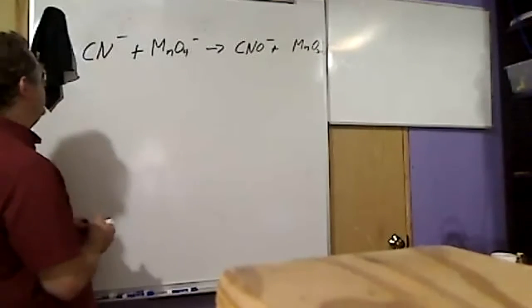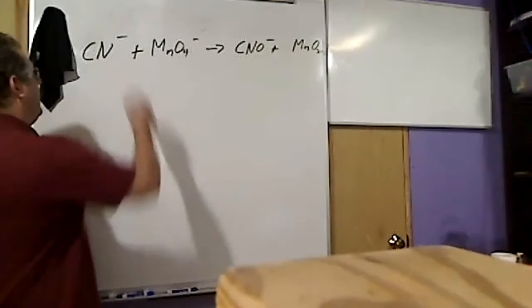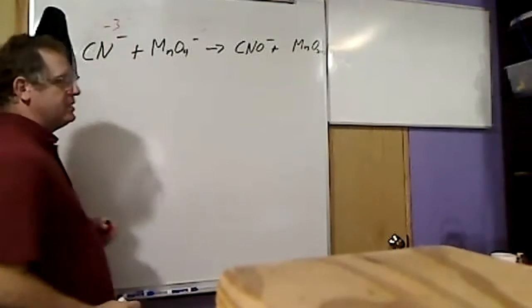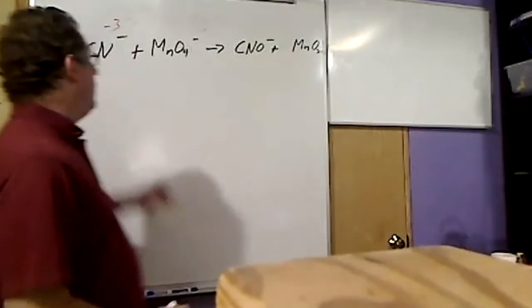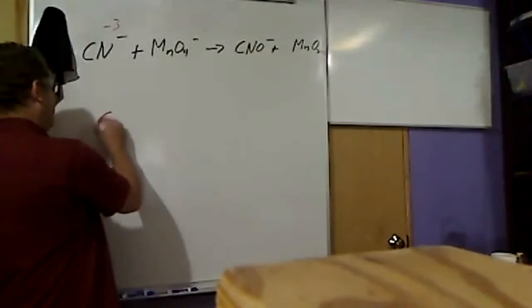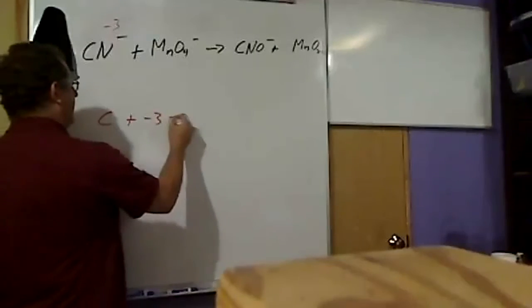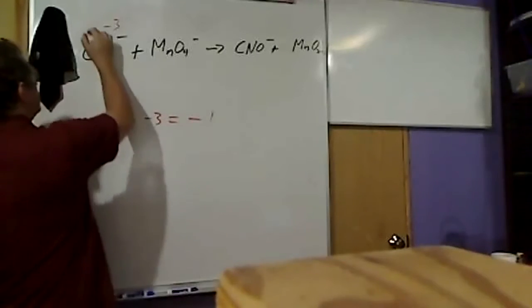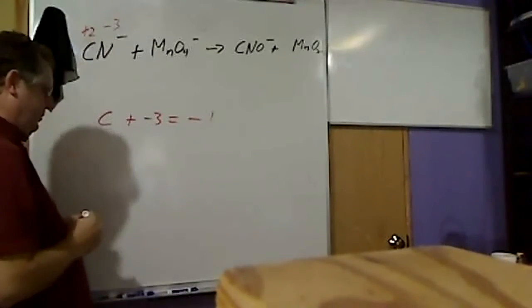So nitrogen is normally an anion with a -3 charge. So it's going to be a -3. In order for carbon and nitrogen to add up to this, whatever carbon's is plus a -3 has to be equal to a -1. So carbon is going to be a +2. Okay.